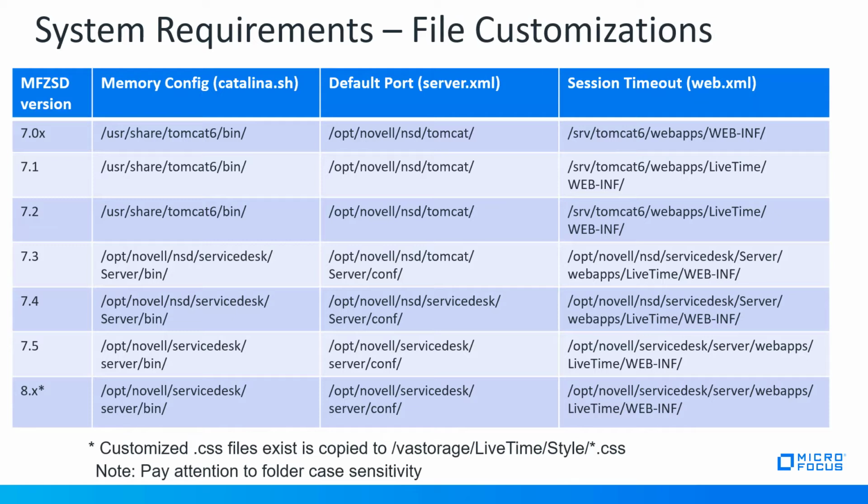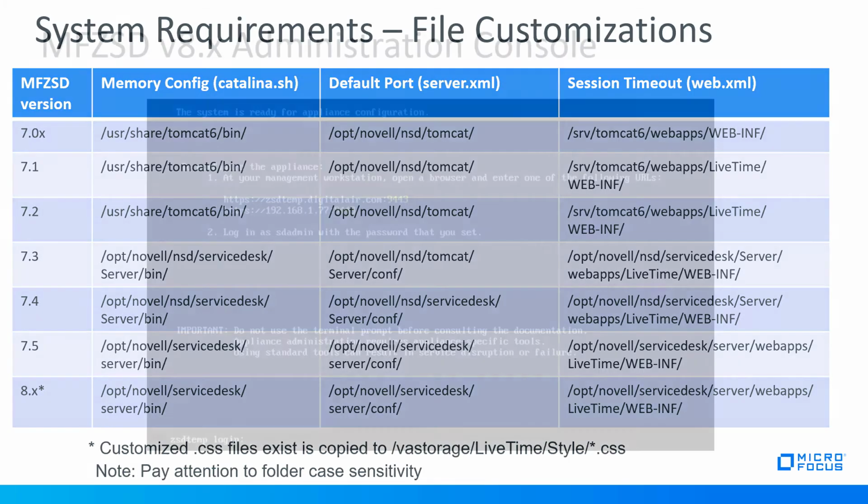Finally, the file customizations, these are the locations for some of those particular files that I mentioned earlier that you want to back up and restore or back up and use for modifications on the new system. So you can find these here, and some of these are case sensitive, so make sure you have the right case sensitivity.